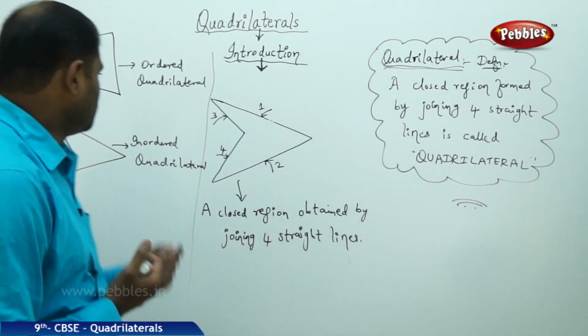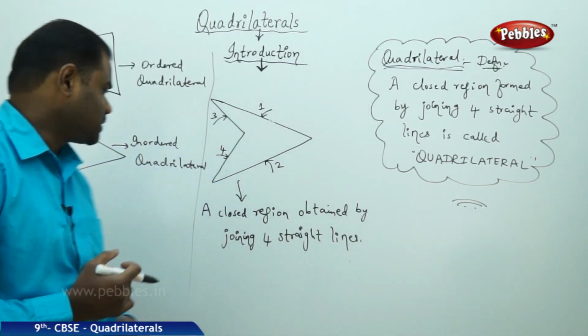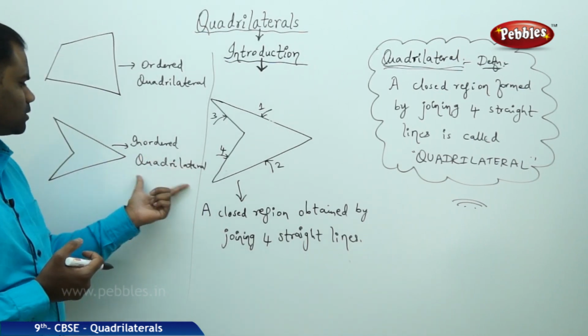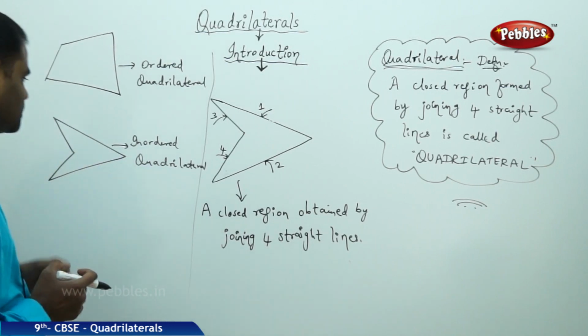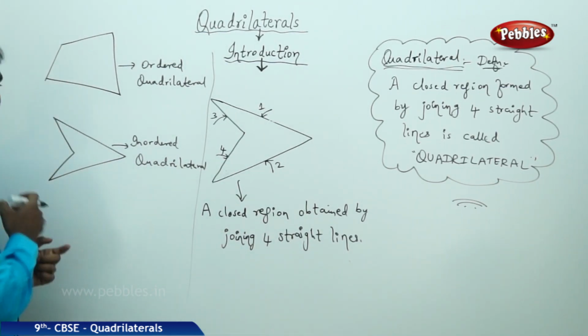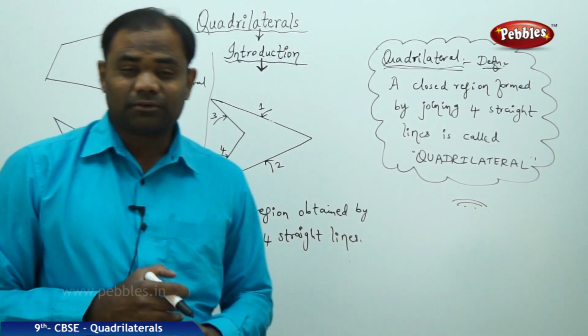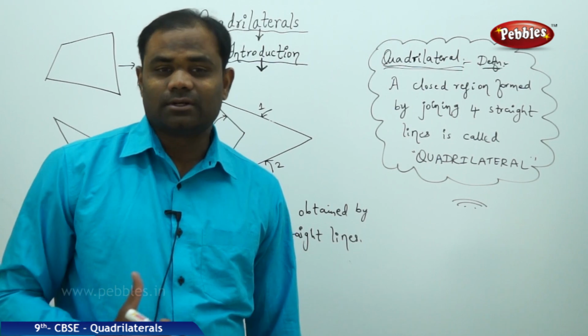One is the ordered quadrilateral, which we have seen in the previous case, and the other is the unordered quadrilateral, which is in this form. Unordered in the sense that they are not exactly in order, but they are cut in between. The collinearity of points is what we take into consideration in understanding this concept better.